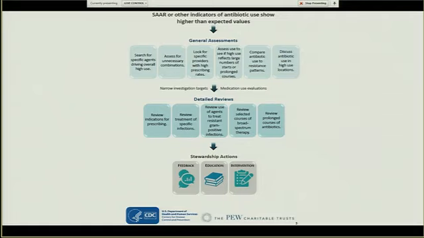And then based on their more detailed reviews, they can conduct stewardship actions such as providing feedback to the medical surgical teams and education, as well as even creating an intervention such as a treatment guideline or other mechanisms to improve use. Next slide.